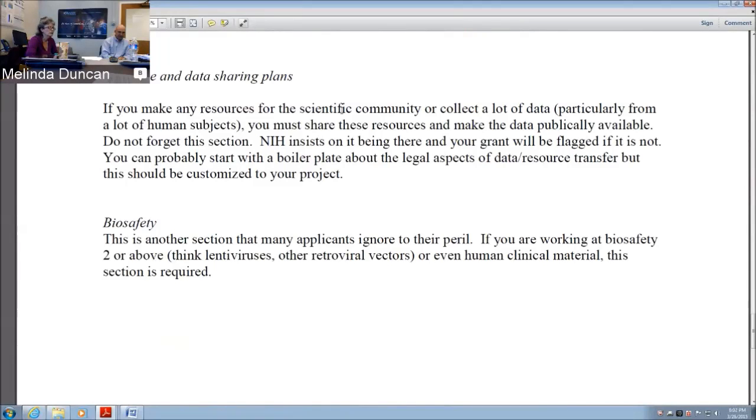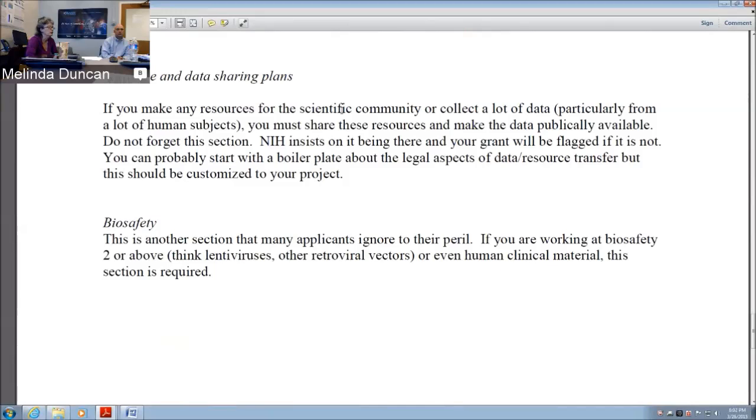And the last one, which is kind of a pet peeve of mine, and I flag a lot of grants on this, is biosafety. A lot of investigators assume that biosafety just means you're working with a BSL-4 organism, like Ebola or something like that. But biosafety is actually an issue as soon as you hit BSL-2.